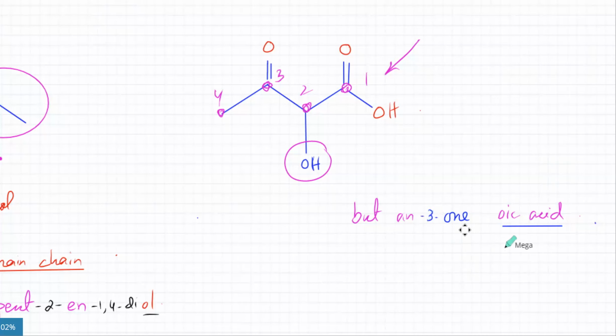Okay, this is 3. And the rest are your branches, and there's just one branch, which is hydroxy at position number 2. So that's your only branch.